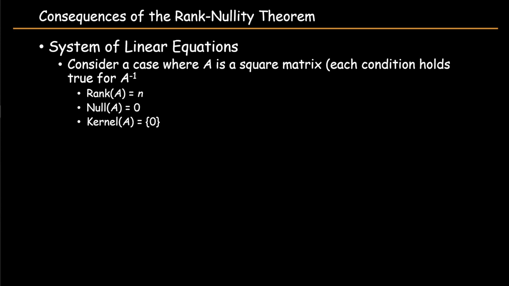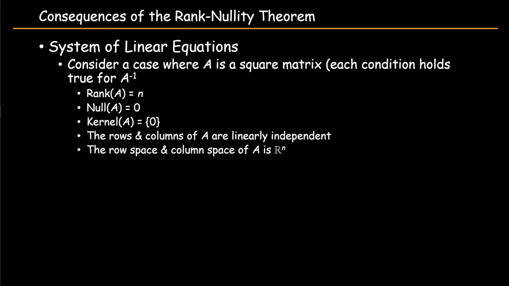And what that also shows us is that the rows and columns will be linearly independent, as well as the row space and column space of A is going to be R of n, because the columns and the rows are both the same thing, since the number of columns is the number of rows.